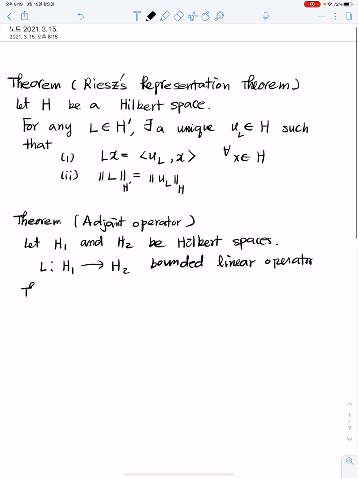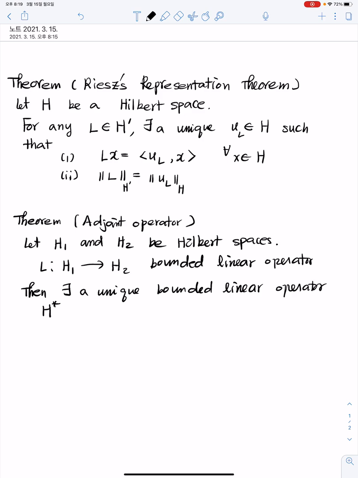then there is a unique bounded linear operator, which is called H star, from H2 to H1 such that the inner product of x and H star y equals this one, in where?